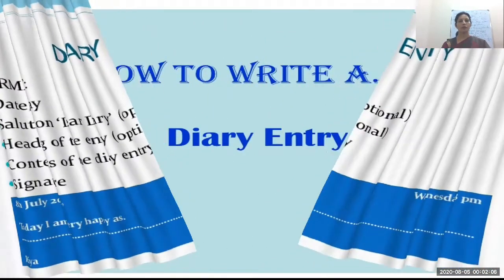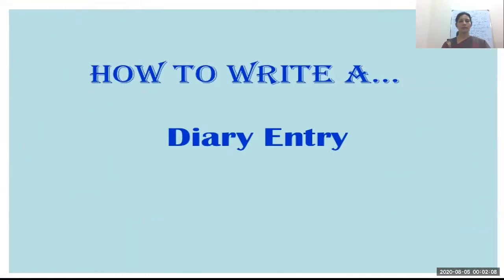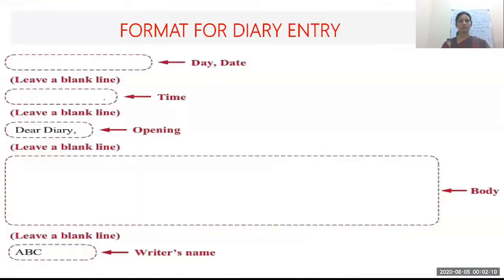Now, how to write a diary entry? Look here. After writing day and date, children, you can leave a line. This is the format for school purpose, for the examination point of view. You should maintain all these one by one.